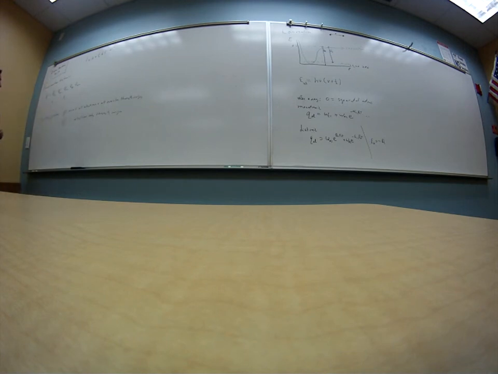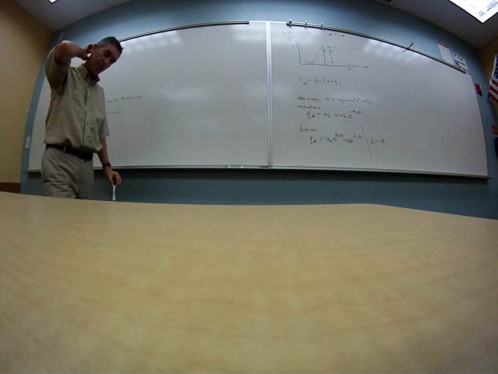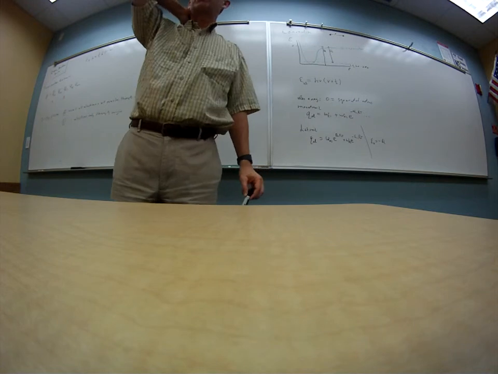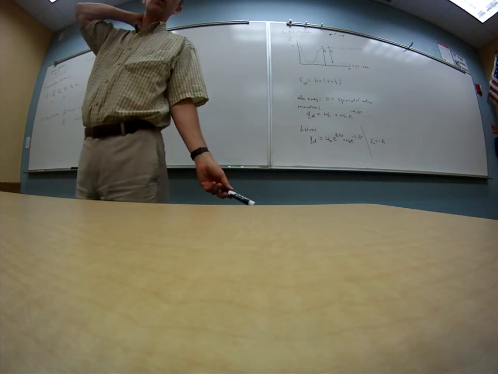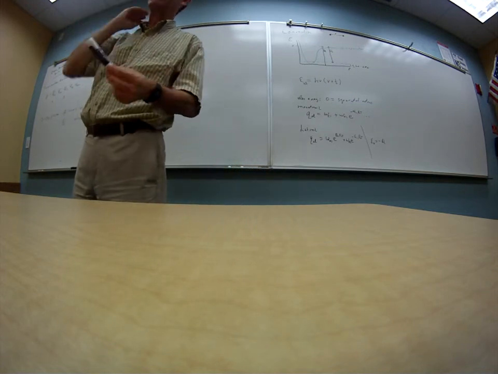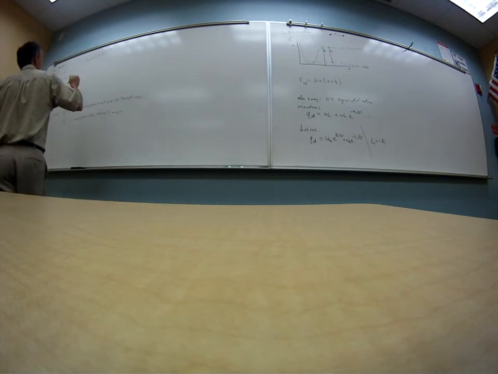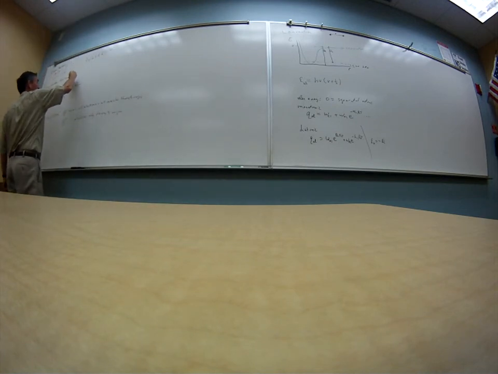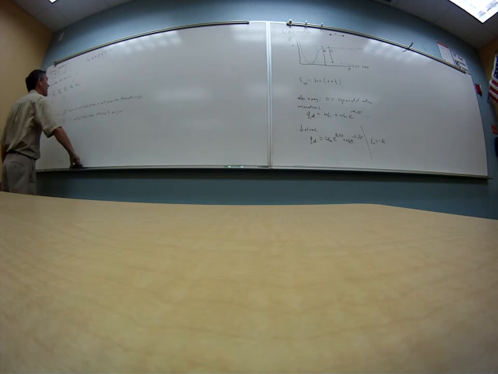Now what about the electronic wave function? The behavior of the electronic wave function will depend on the symmetry properties of the electronic wave function. If you think back to quantum mechanics, term symbols describe the electronic wave function.